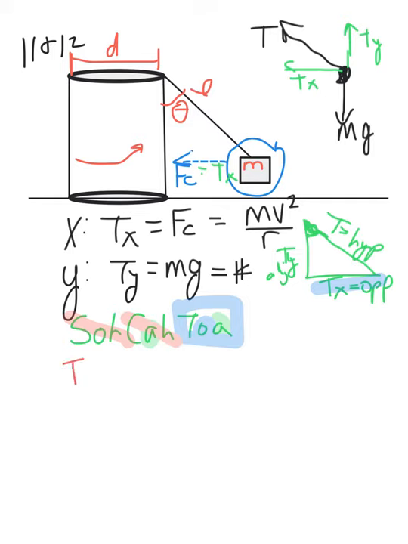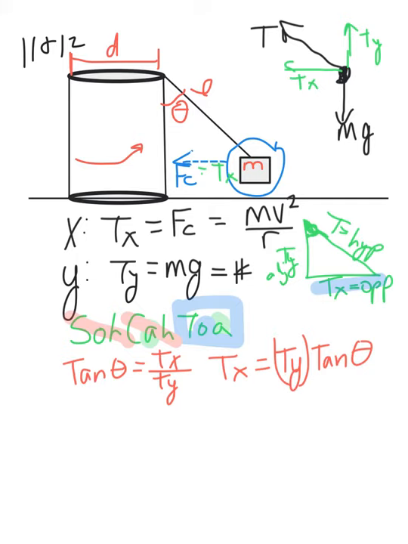That means that the tangent of the angle that's been provided is equal to the opposite, which is my extension, over my adjacent side, which would be my y tension. So I can determine my extension by reworking my formula. And once I know this value, I should be able to take it and set it equal to our centripetal force.